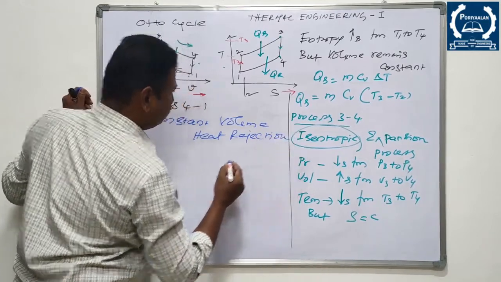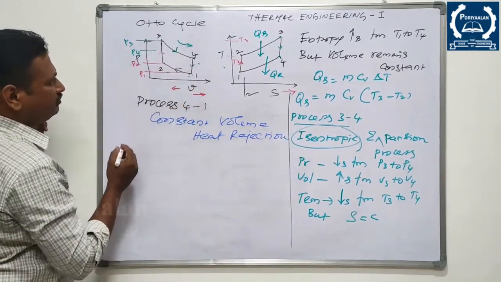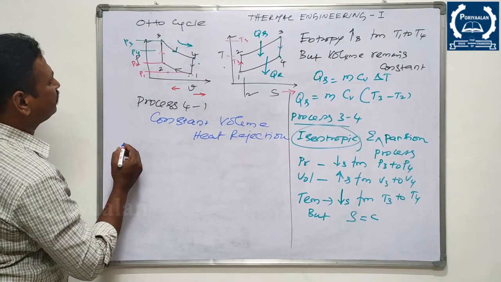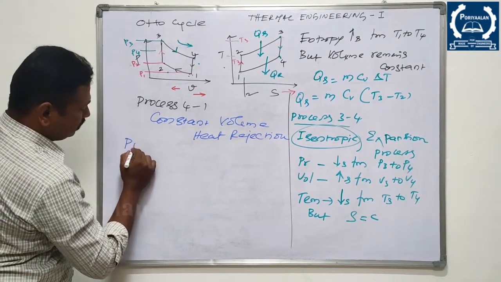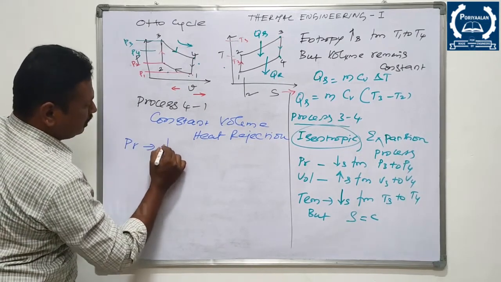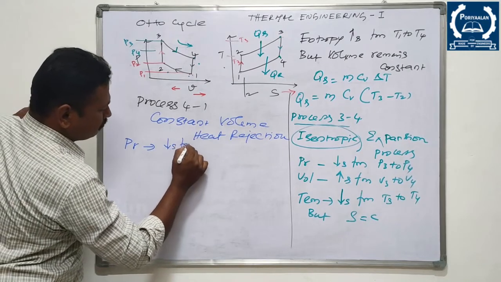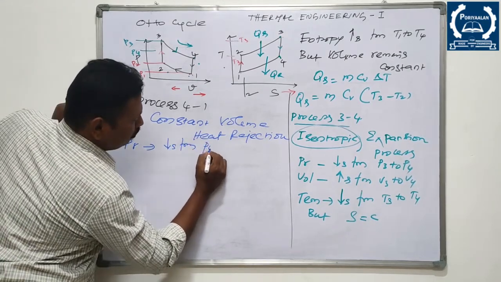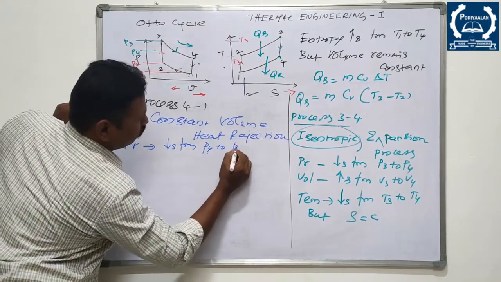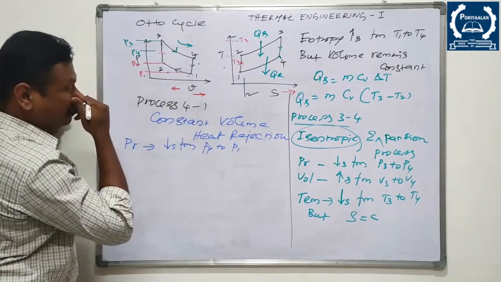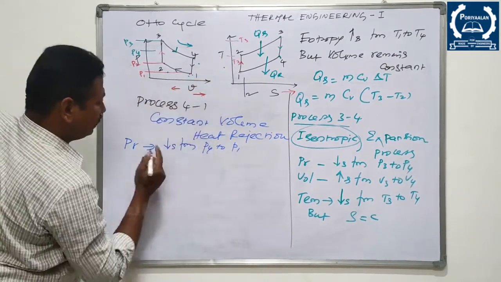So during this process, with reference to this diagram, pressure decreases from P4 to P1, volume we will write finally.